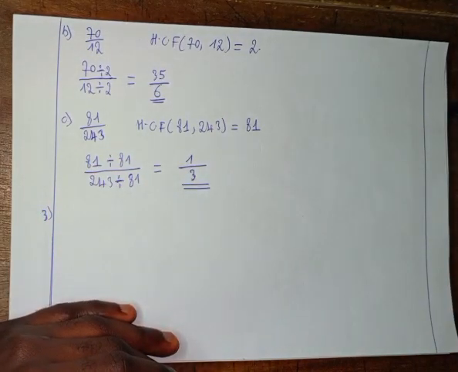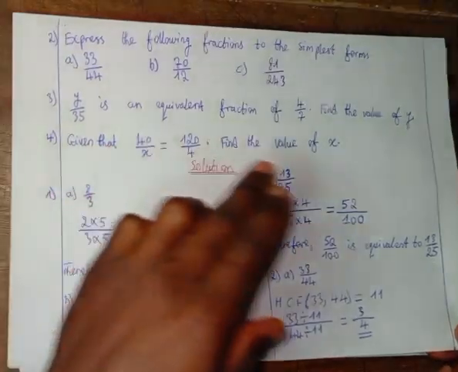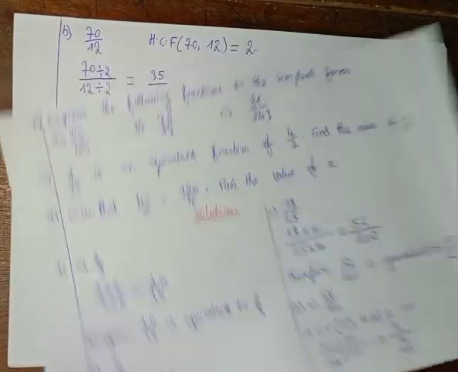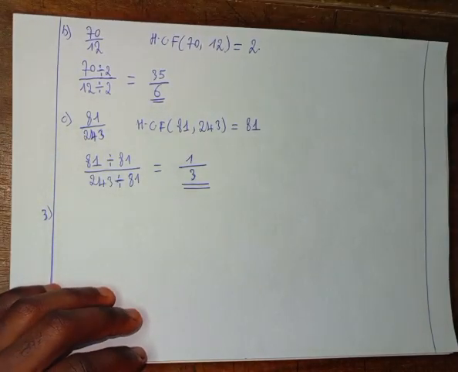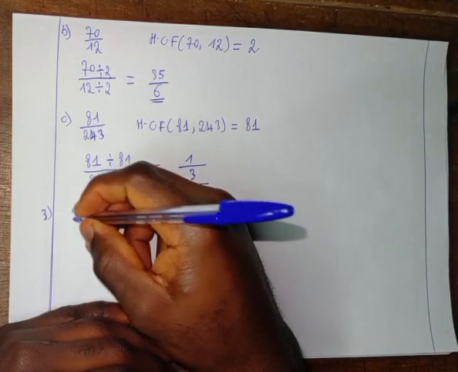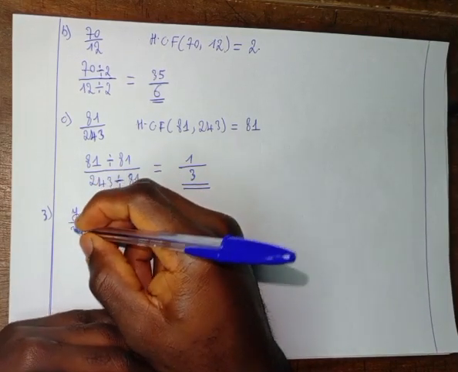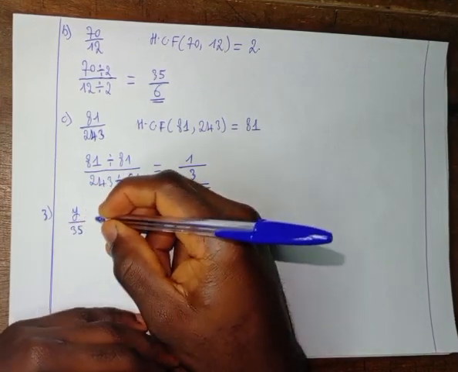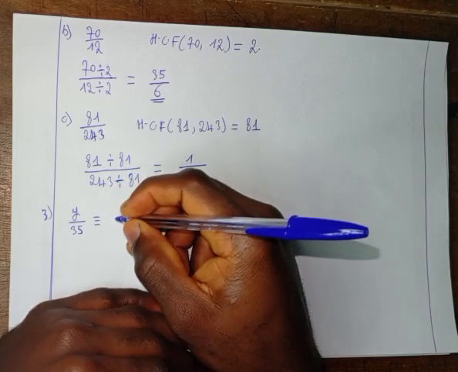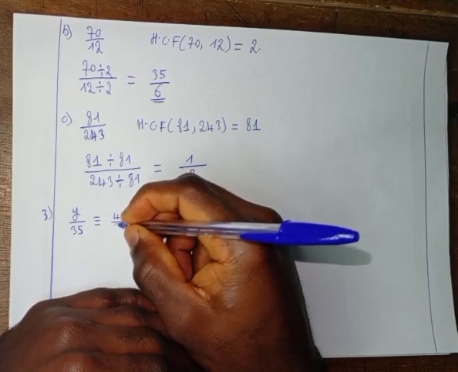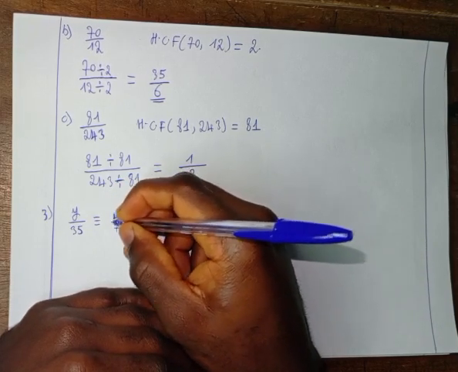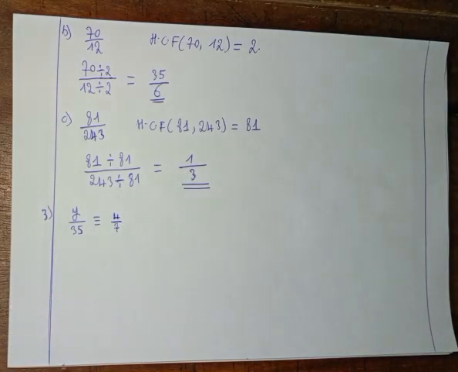Question 3, we have y over 35 is an equivalent fraction of 4 over 7. Find the value of y. Y over 35 is an equivalent fraction of 4 over 7. We have to find the value of y.